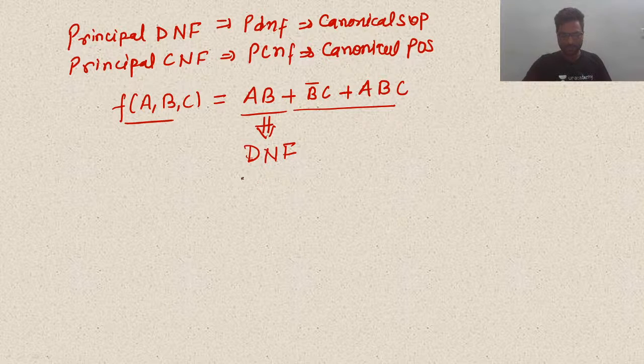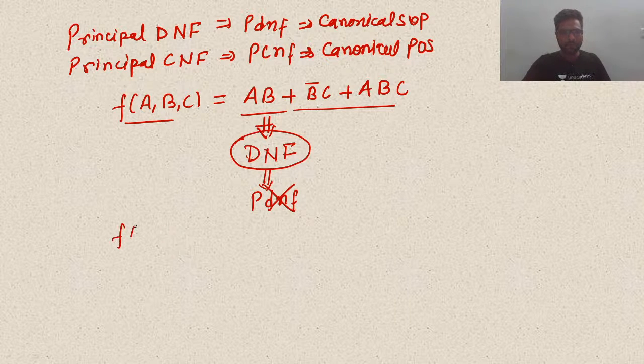So we can say that this one is in DNF, but this is not in PDNF. Why? Because if a boolean function is in PDNF, then the expression contains all the variables, either in primed or unprimed format.